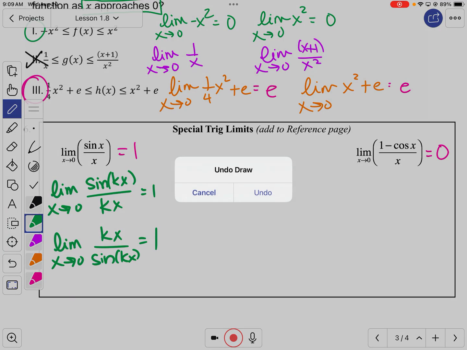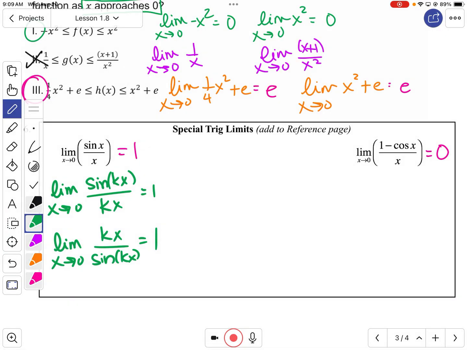Those limits are going to show up in things. So if I have sine of 4x over 4x, it's still just 1. Or if I have the limit as x approaches 0 of 7.2x over sine of 7.2x, it's still equal to 1, which is nice. That's a limit that's always going to hold true.